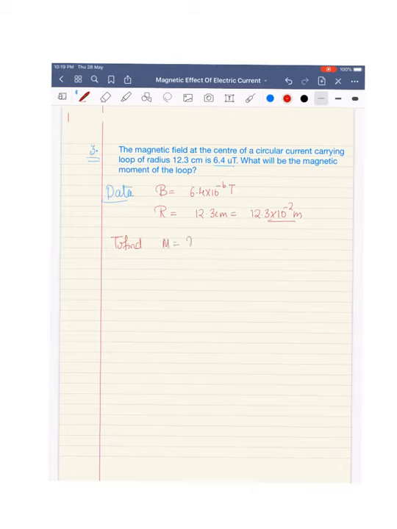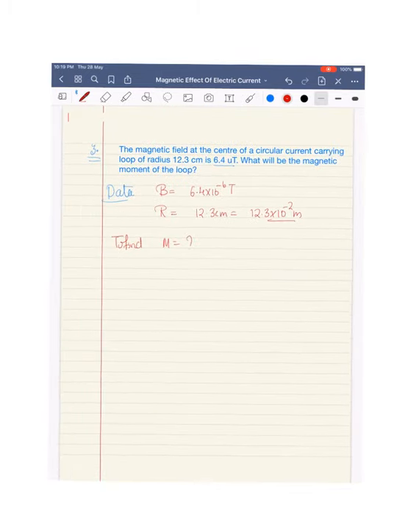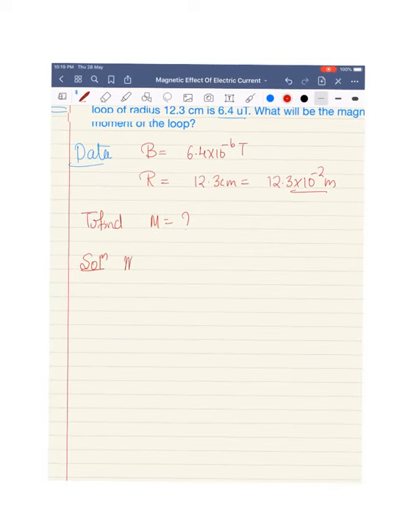So in order to calculate the magnetic moment, we know the formula for the magnetic moment: number of turns, current into area. So in the solution, first we need to calculate the current from the magnetic field.